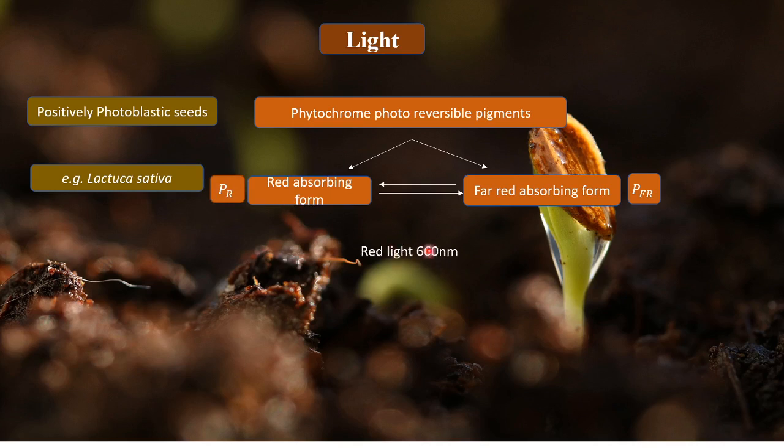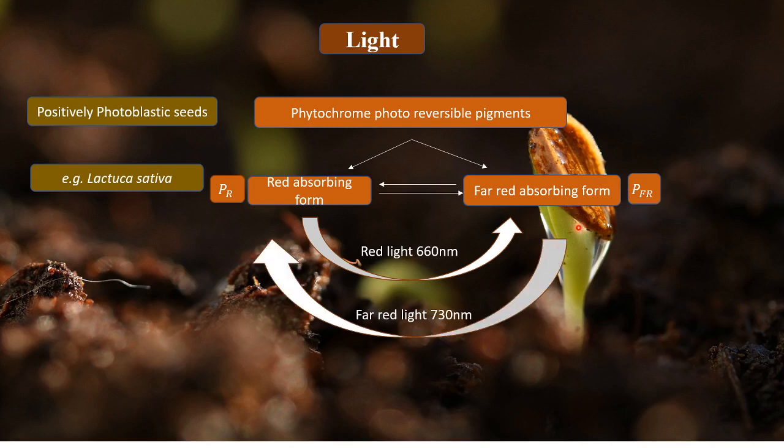red light is of 660 nanometer, PR gets converted to PFR. When this pigment, which is PR, absorbs red light, it gets converted to PFR. And similarly, when this pigment, which is PFR, absorbs far red light, which is of 730 nanometer, PFR gets converted to PR.